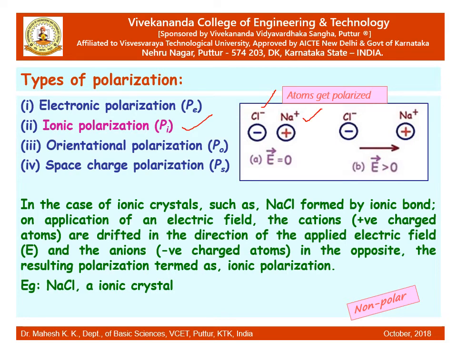The resulting polarization is termed ionic polarization. An example is sodium chloride itself or any other ionic crystal. This is a non-polar polarization, you should remember it. Even the previous one, electronic polarization, is also a non-polar polarization.